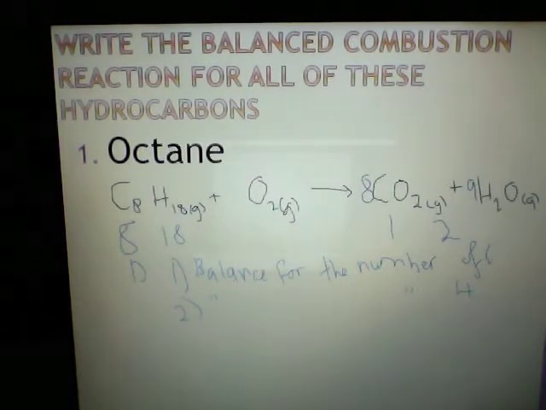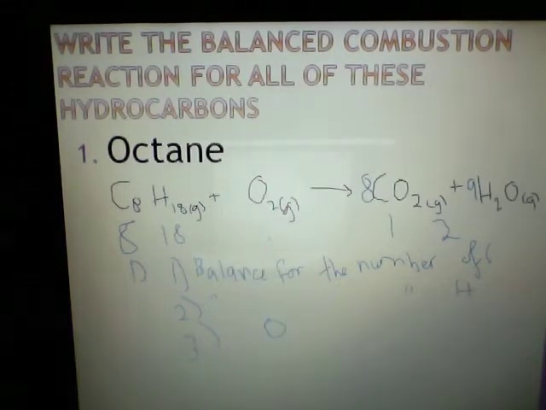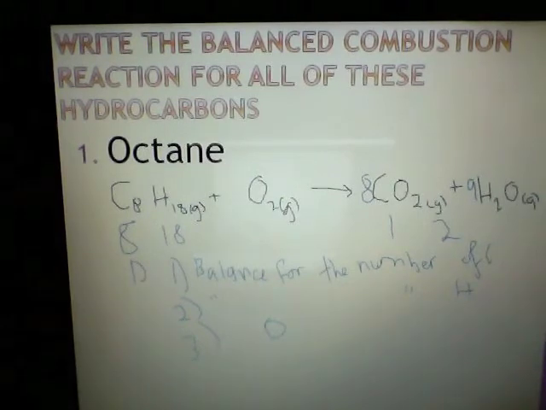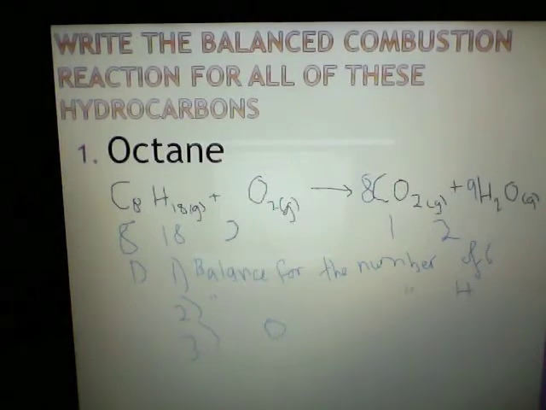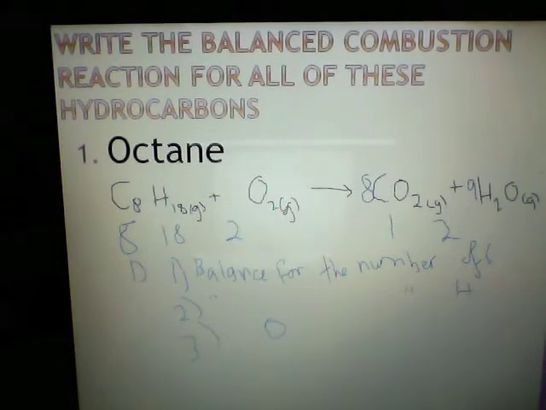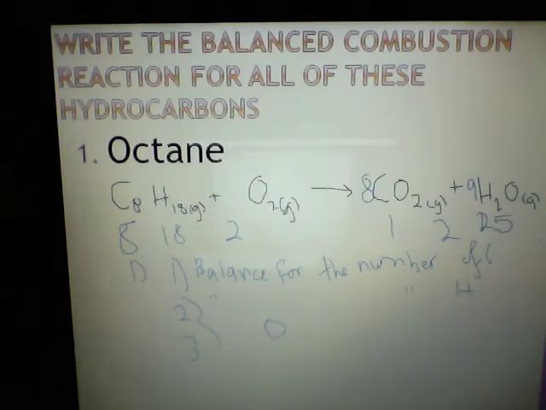Then step 3 is when I do the oxygens, just because in the products, the oxygens are found in 2 molecules. On this side we have 2 only, and on this side we have 9 plus 16, which is 25.